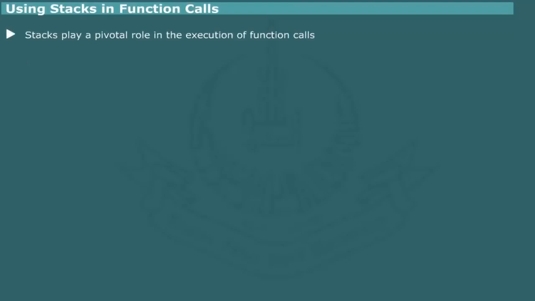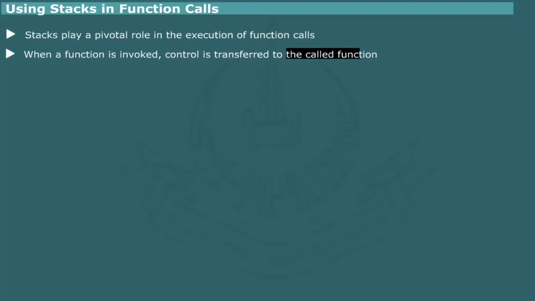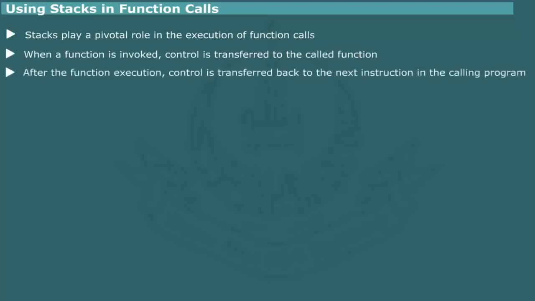A stack plays a pivotal role in the execution of function calls. When a function is invoked, program control is transferred to the entry address of the called function. After the function has been executed, the control is transferred to the next instruction in the calling program. The function calls can be nested, which means that a function can, in turn, call another function.